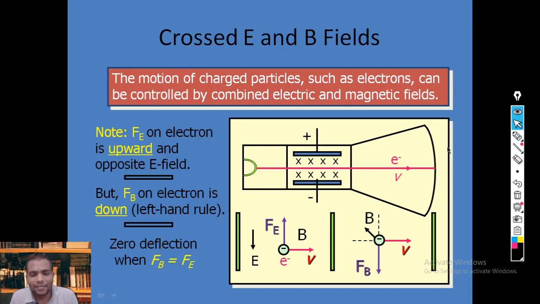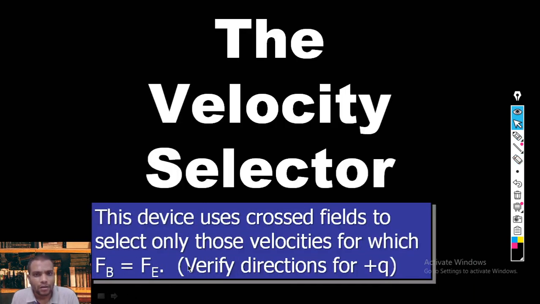Now that is a very advantageous situation for us, and we call this device a velocity selector. A velocity selector is a device, like a machine, in which crossed electric and magnetic fields are established.